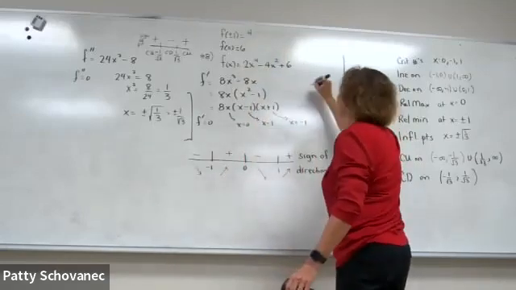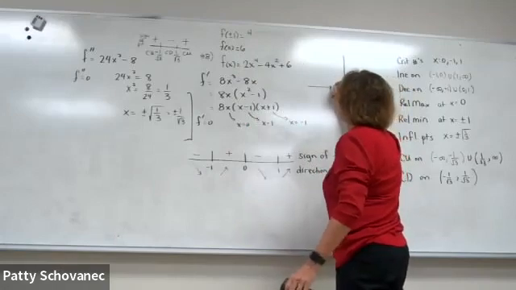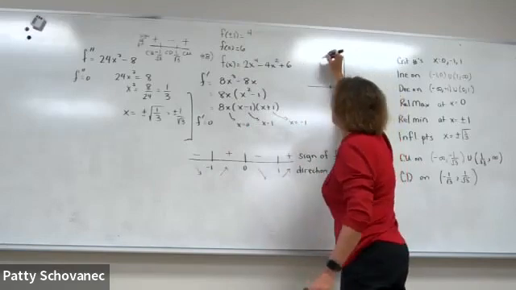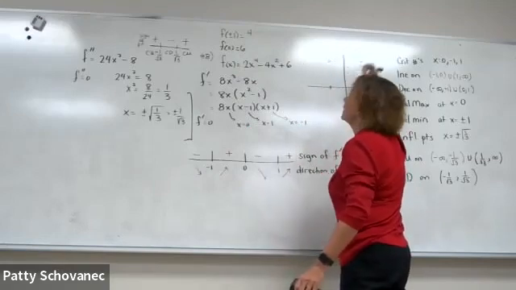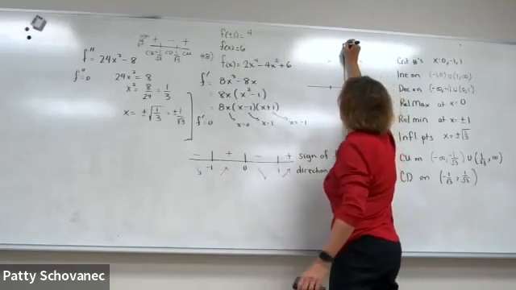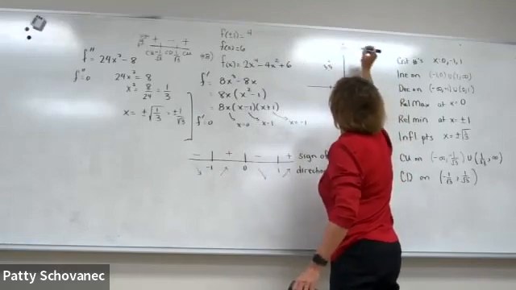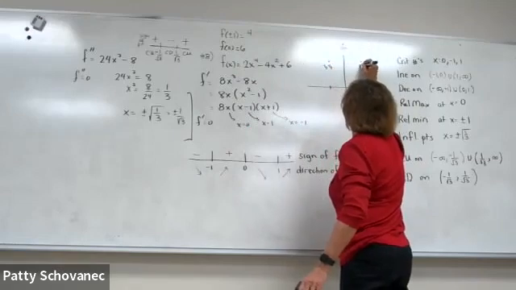The graph goes through those 4s and 0, 6. -1, 4, 0, 6, 1, 4.